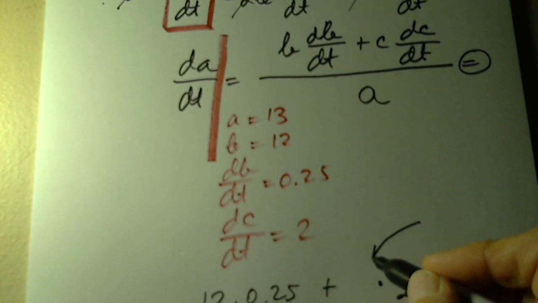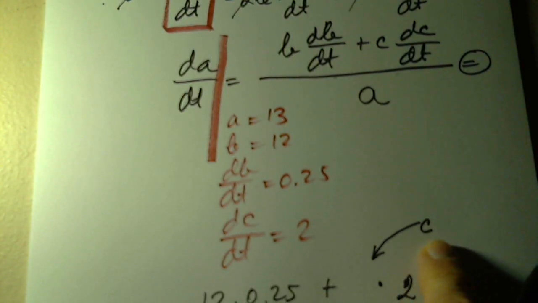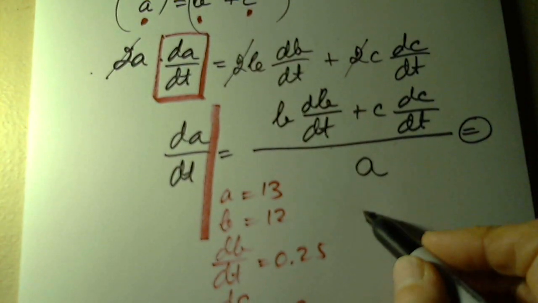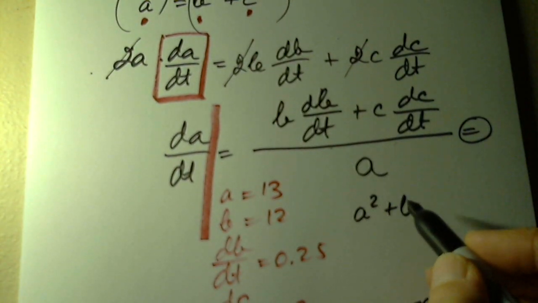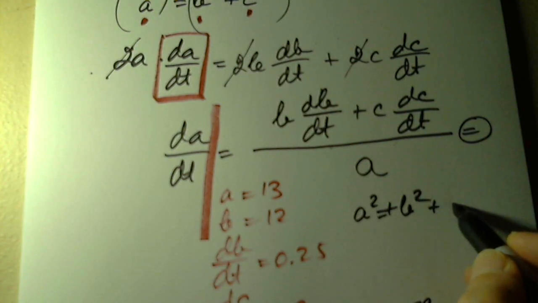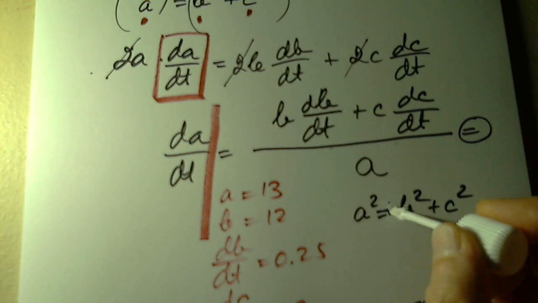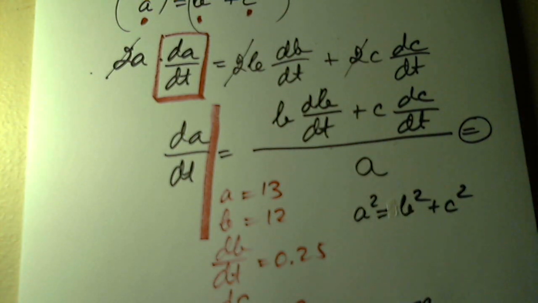Good, so I have to determine C. Remember, we have the original equation that states that A squared equals B squared plus C squared. So they are giving us A and B. Can we determine C? Yes, of course we can. How do we do that?